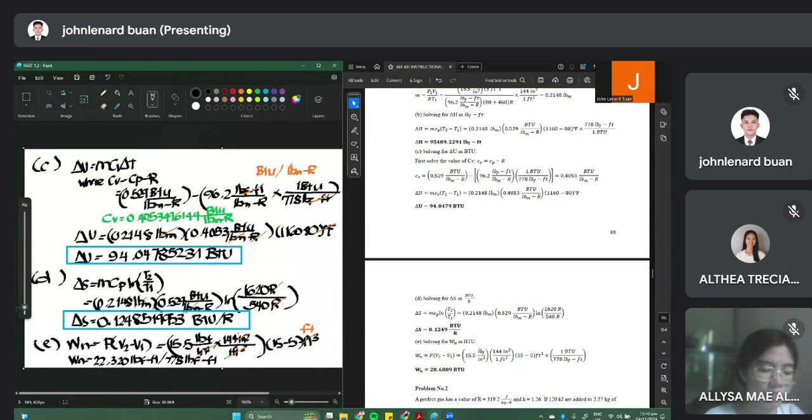Which is equal to, and divide by 778, which is equal to, work non-flow, let's put it here: work non-flow is equal to 28.688946 BTU. Do we understand that?